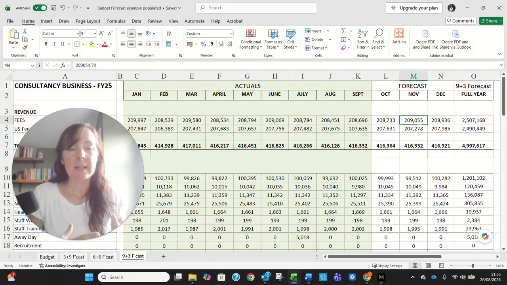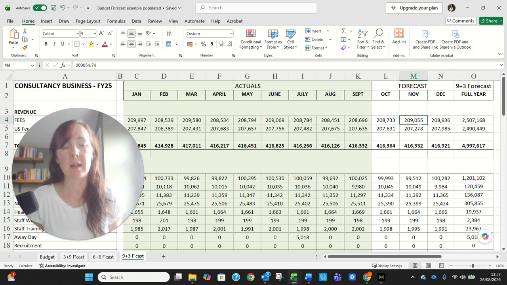Now, I can understand as a business owner, this can feel quite a lot. You've got a growing business, you've got 1,000 other different things going on. It can feel maybe overwhelming, but you don't necessarily need a hugely complicated forecasting process to get value from it.